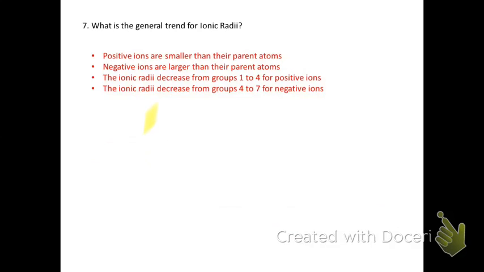If you have a neutral atom, say sodium, and you have a sodium ion, the difference between these two is that the sodium ion loses an entire shell because it loses one valence electron. And when it loses an entire shell, it's going to have a smaller radius.